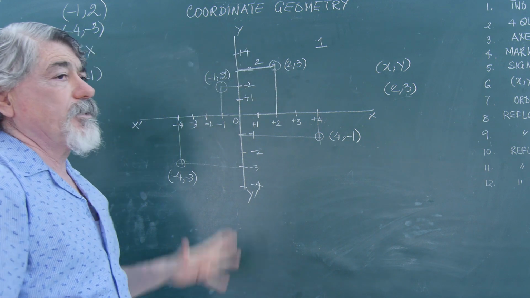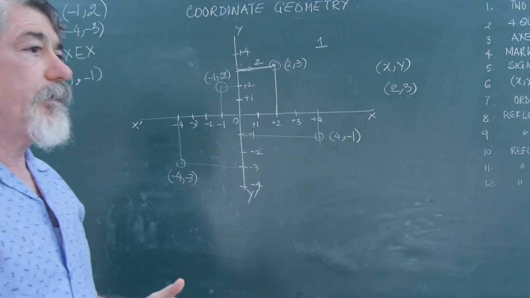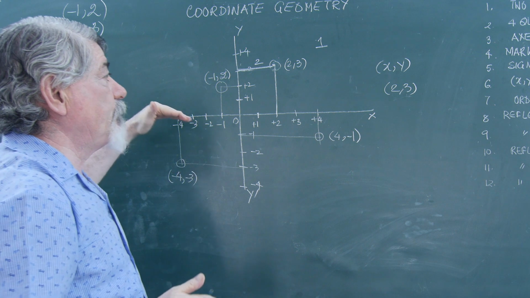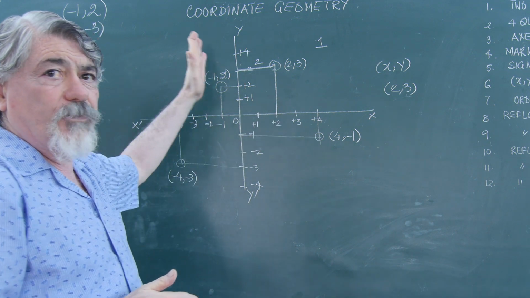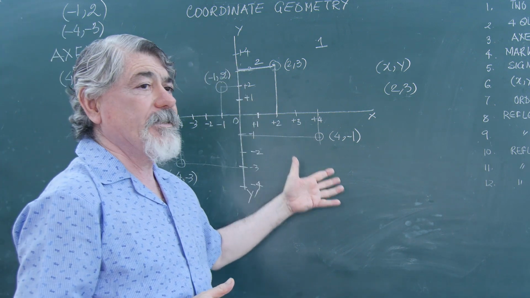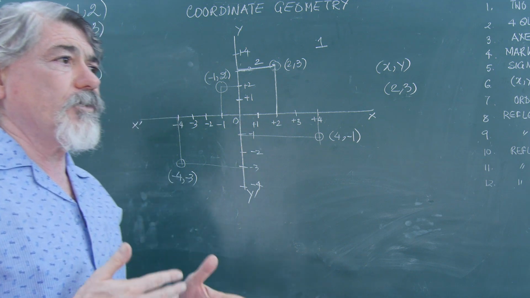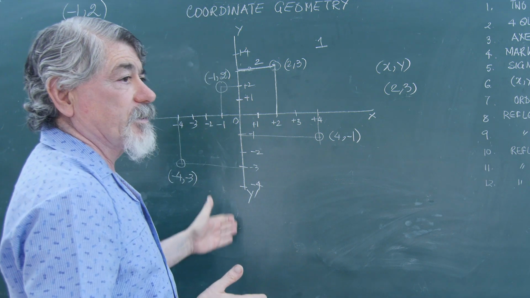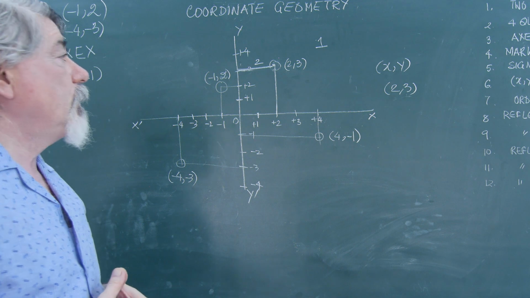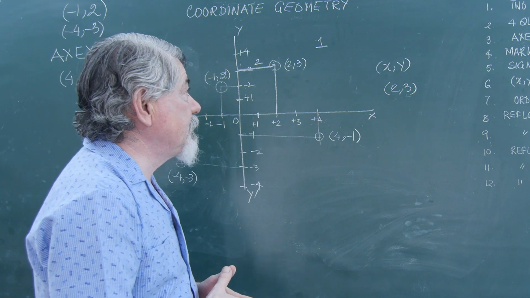So we have discussed a two-dimensional plane divided into 4 quadrants with the help of axes, the x-axis and y-axis. The names given were x-axis, the horizontal axis or abscissa, and y-axis, the vertical line or ordinate axis.